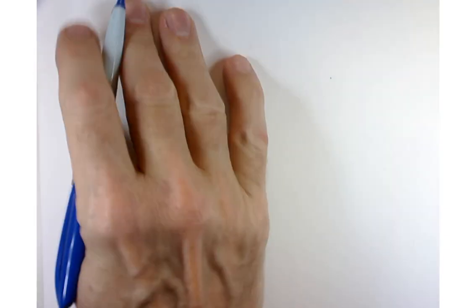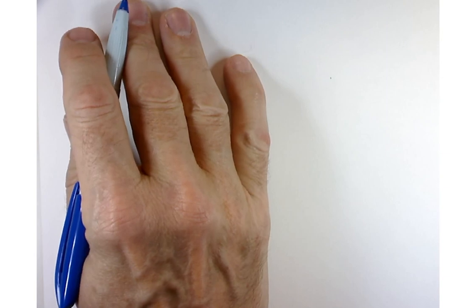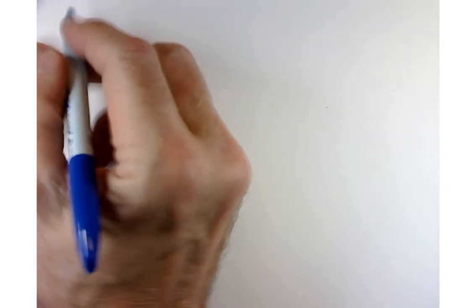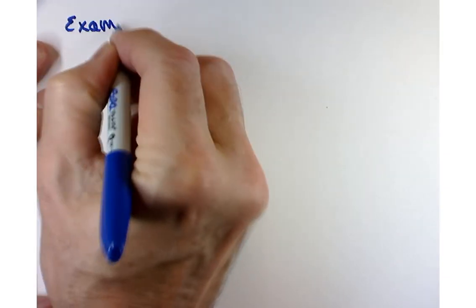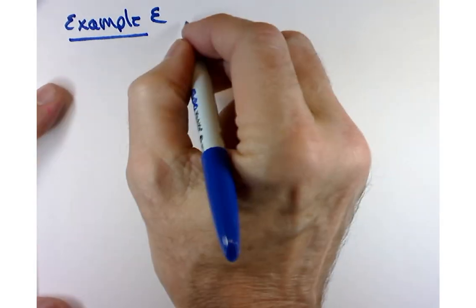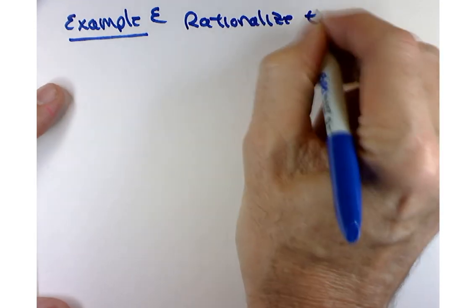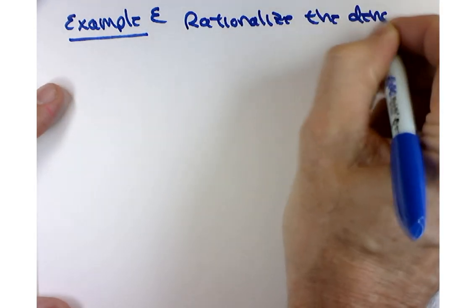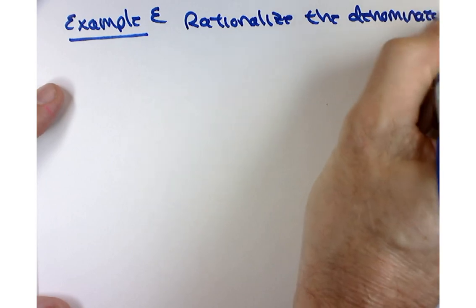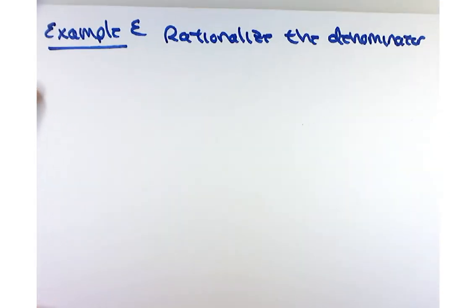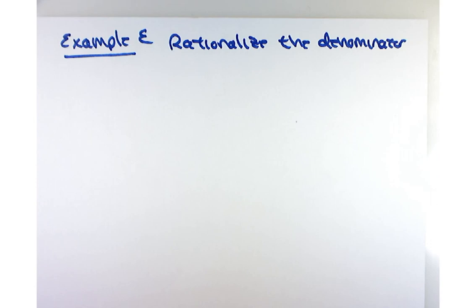We're going to work with rationalizing the denominator. Example E. So the instructions are going to be rationalize the denominator. That's going to mean essentially no fractions underneath the square root and no radicals in the denominator.